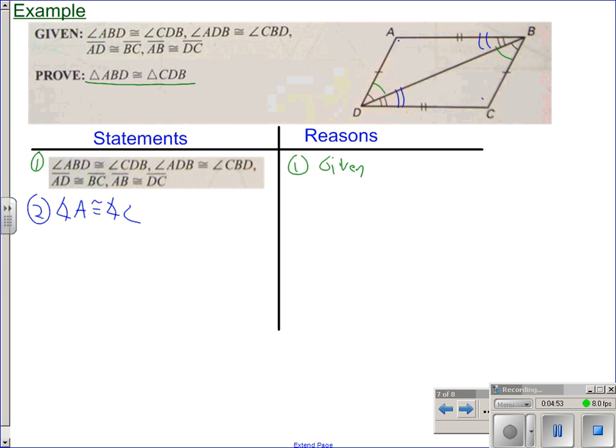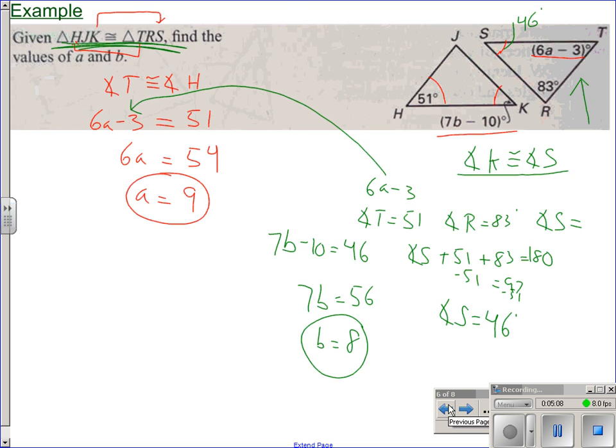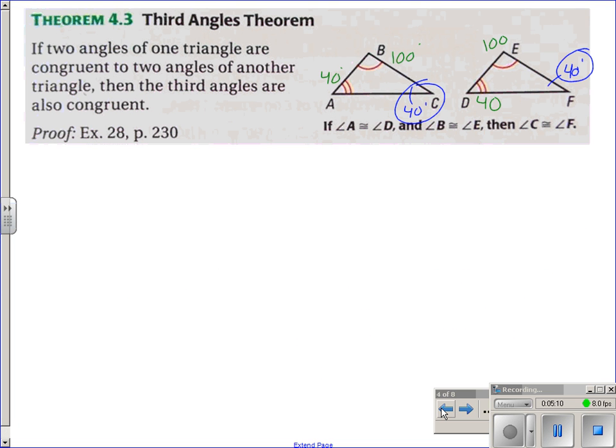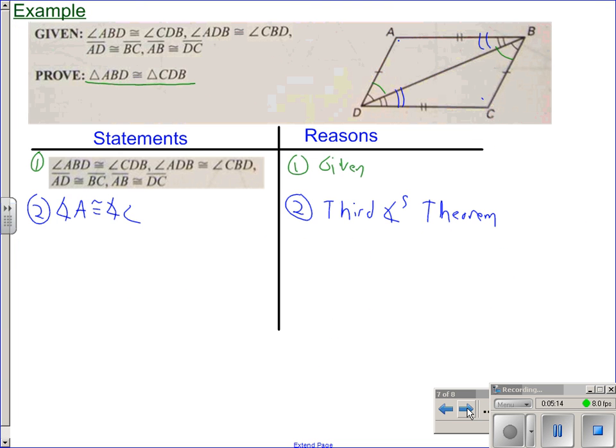At C there is only one angle. The reason these two angles are congruent is that we've got the other two pairs of angles congruent. That was the third angles theorem, what we talked about in the first video. Third angles theorem says if you have two pairs of angles congruent, the third pair has to be congruent also.